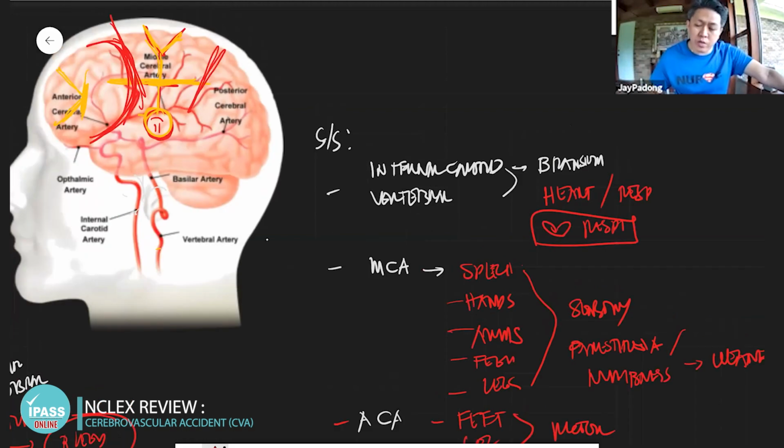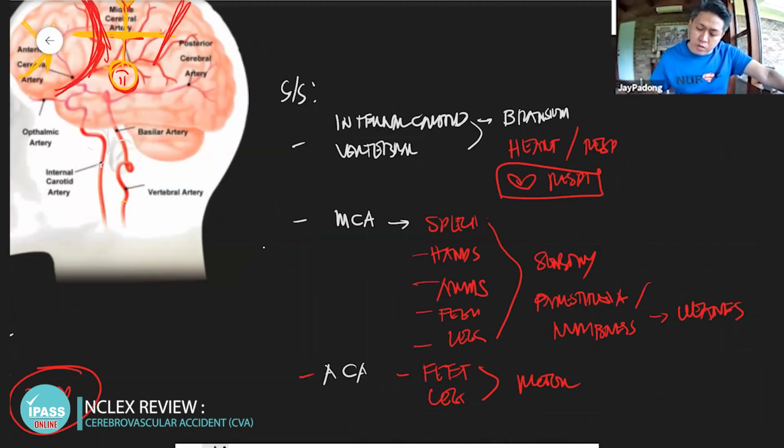Sensory. When you say frontal cortex, that's motor. So functions related to your feet and legs in terms of motor, it's more onto your weakness. Here, it's more onto your sensory. This one is more onto your motor weakness. Here, there's a little bit of weakness because sometimes it's overlapping as well, but it's more on paresthesia or numbness. Here, weakness and inability to move. So basically, it's weakness. So that's ACA.